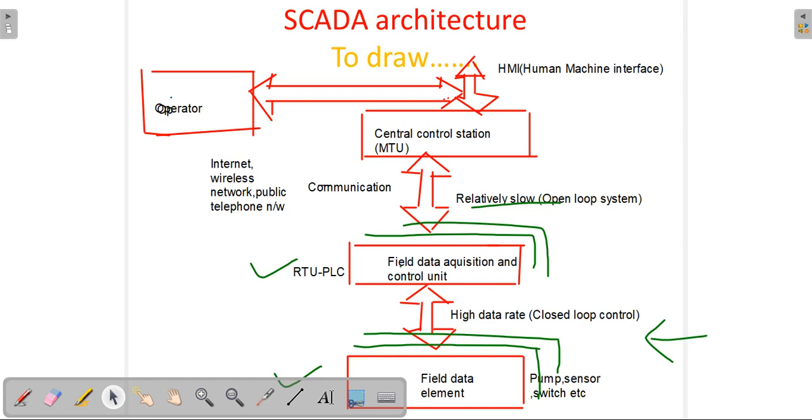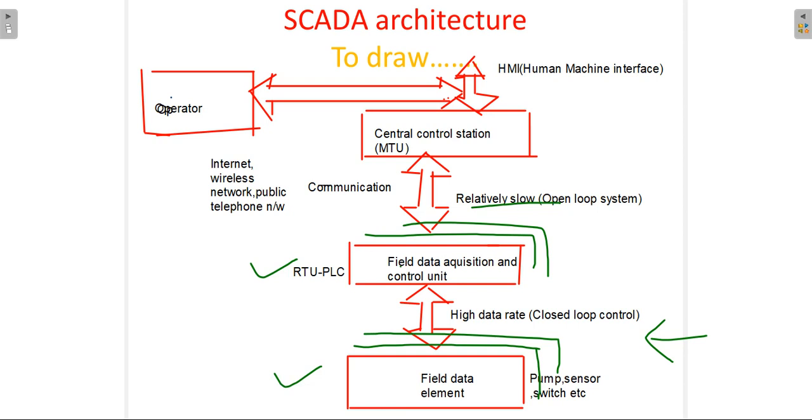Then you will have an operator, who will take care of the manual operations, which are required to have the display at different locations, as we have already seen, or to have their own way of communication with their neighboring branches or entities. So this is how things look in the overall picture as long as the SCADA architecture is concerned.